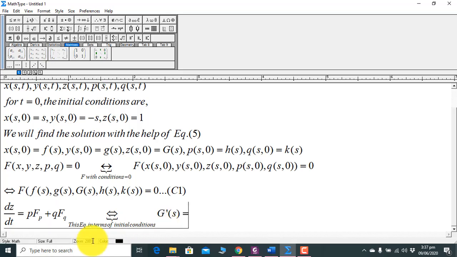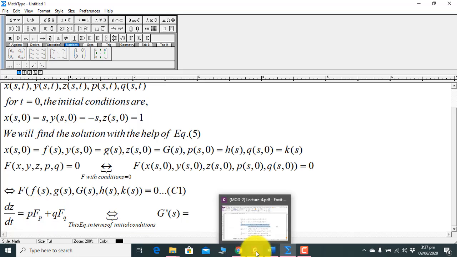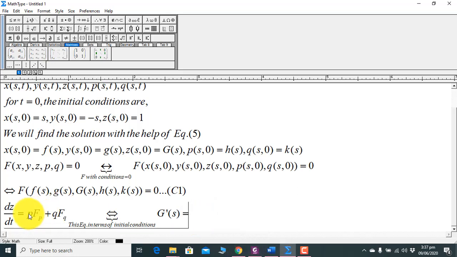On the right hand side you have small p. What do you mean by small p? Small p was capital partial Z by partial X. So what is the condition for P?